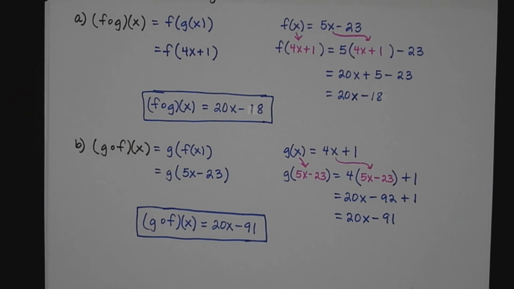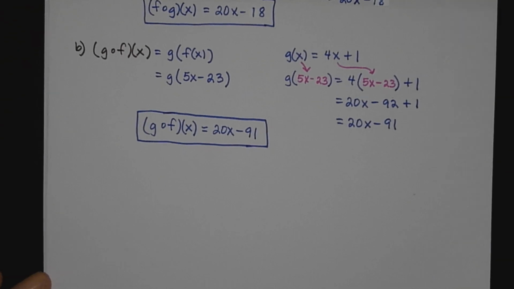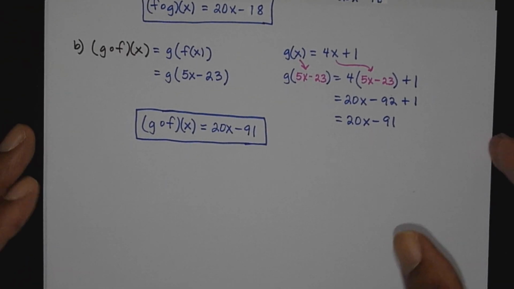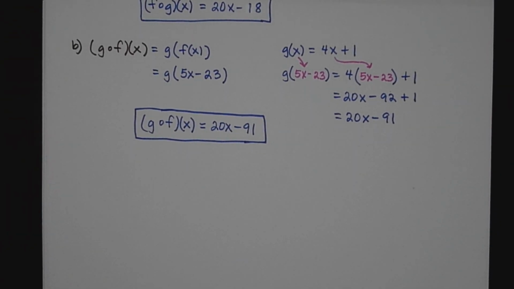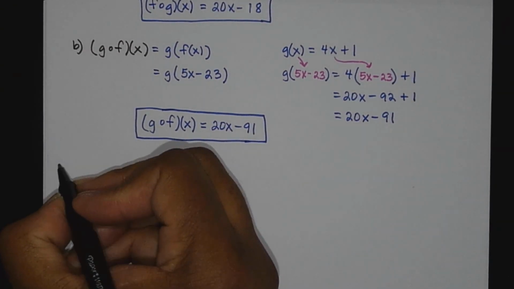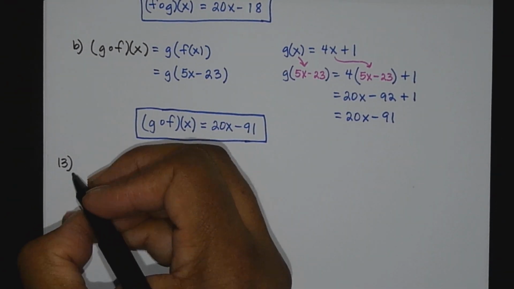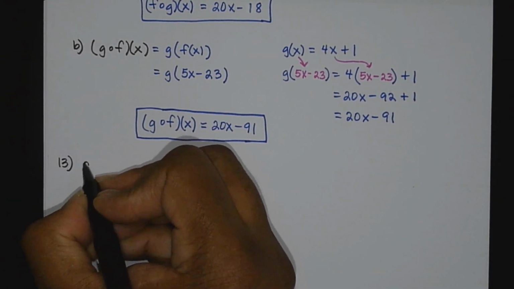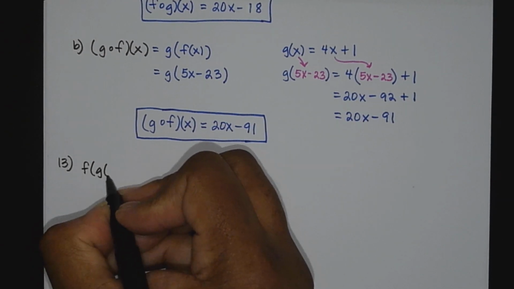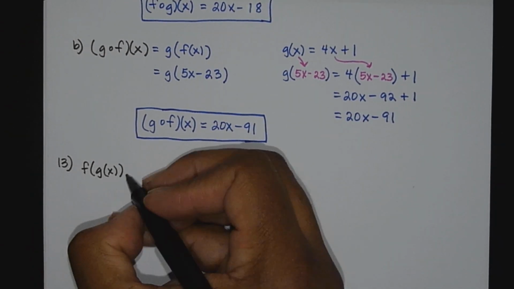Problem number 13. Now here we're given a composed function. We're going to break it apart. That means decompose the function to find out what f of x and g of x were to begin with. All right, so in this case here, we've got the composition of f with g of x.